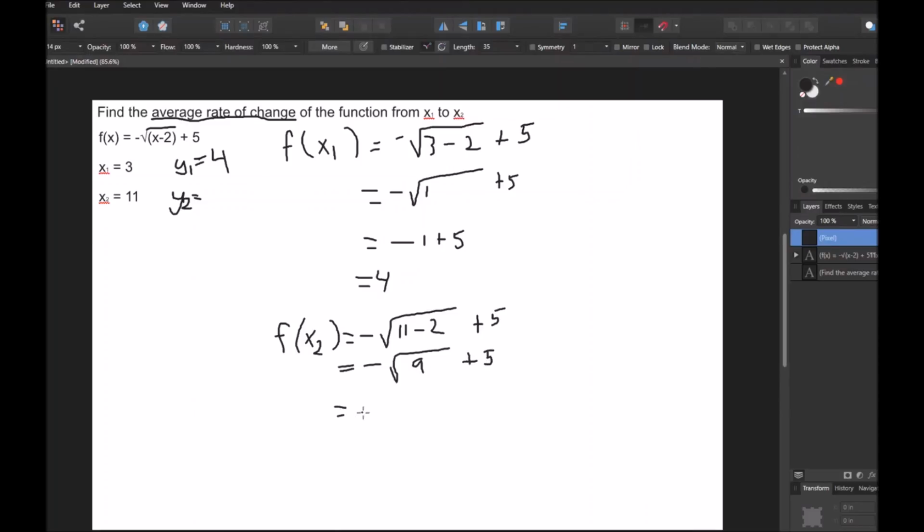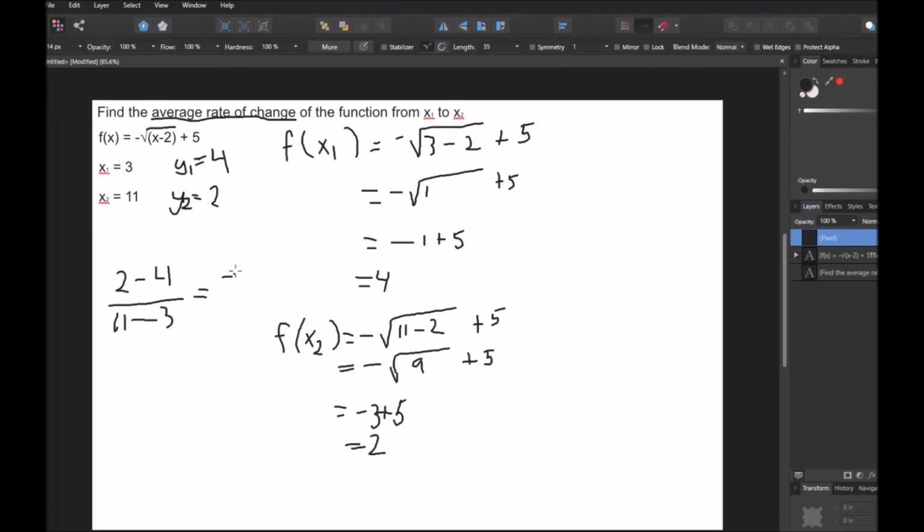The square root of 9 is 3, so that's negative 3 plus 5, which is 2. Now to plug it into our slope formula, y2, which is 2, minus y1, which is 4, over 11 minus 3.